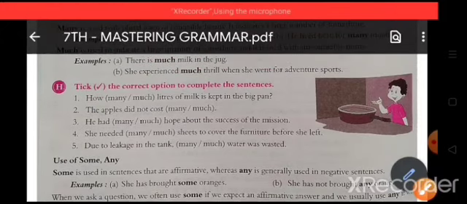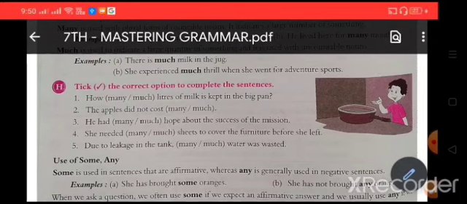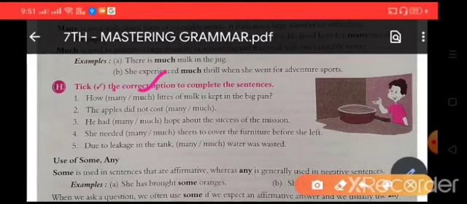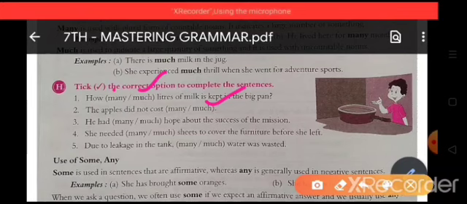How many or how much liters of milk is kept in the big pan? Here, how much? The apples did not cost much. He had many or much hope about the success of the mission?